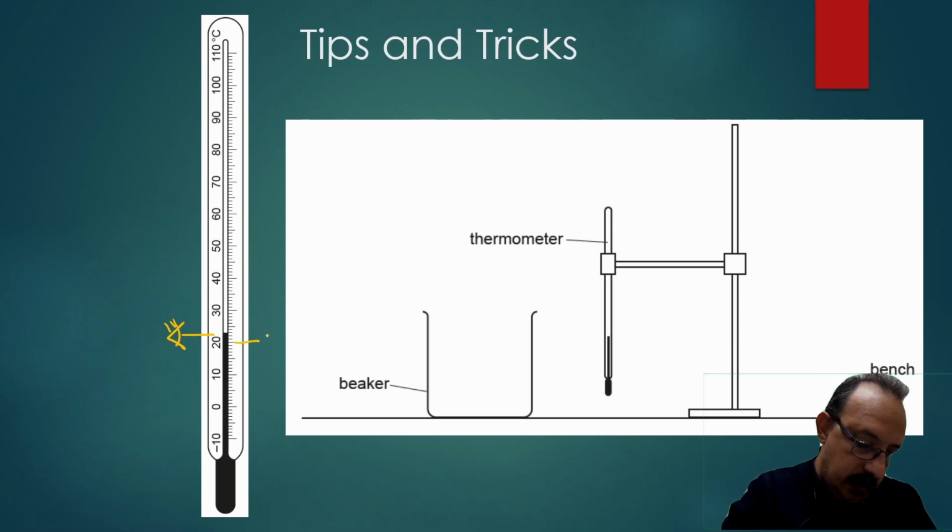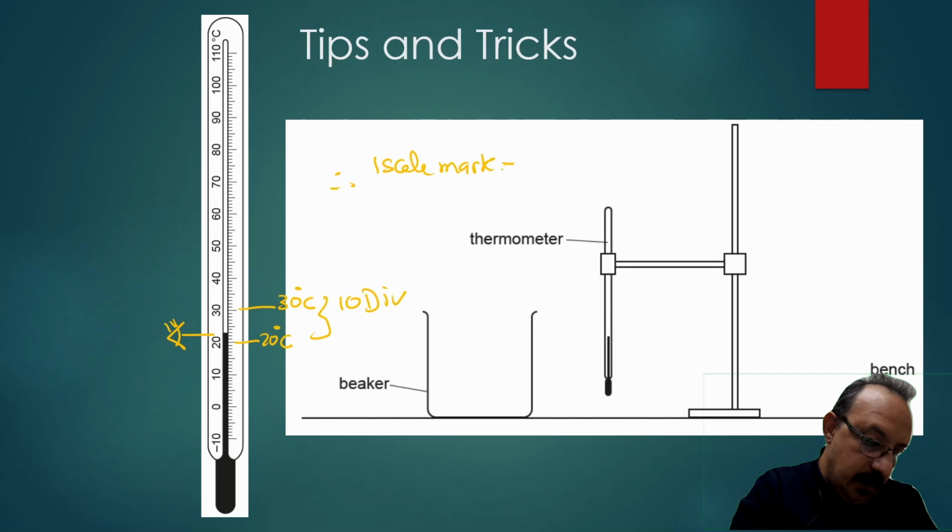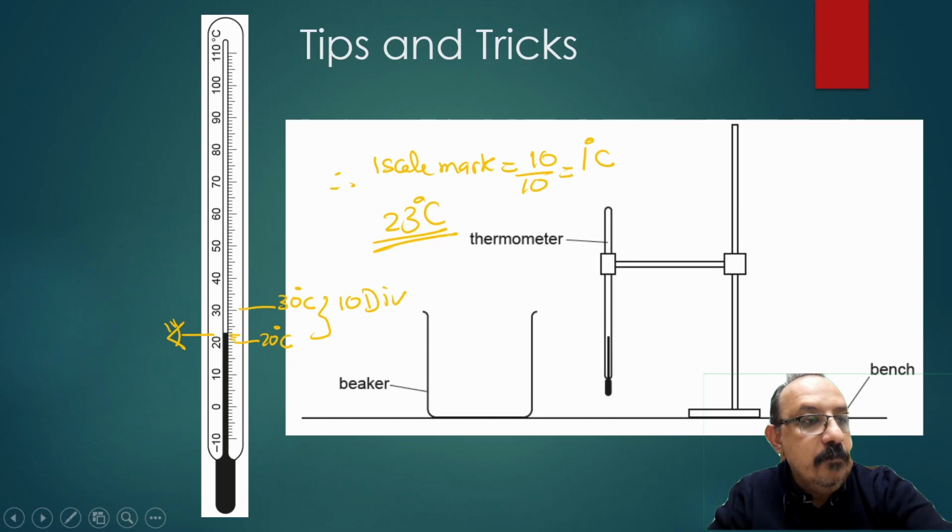Here is 20 degree centigrade, here is 30 degree centigrade. How many divisions? 10 divisions. Therefore, one scale mark equals 10 divided by 10, which is equal to 1 degree centigrade. So the measurement over here is 21, 22, 23. So it is 23 degree centigrade. Very simple.